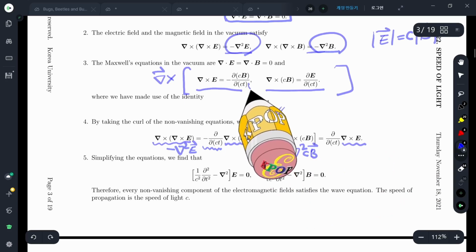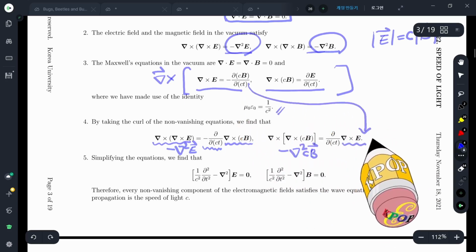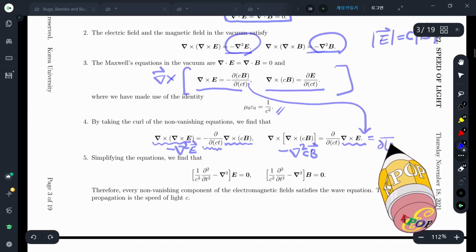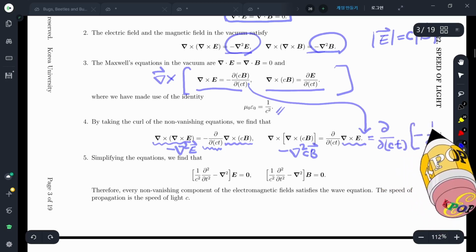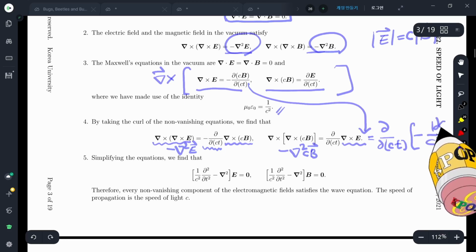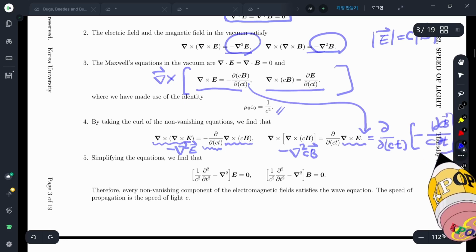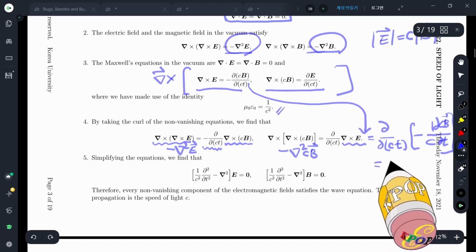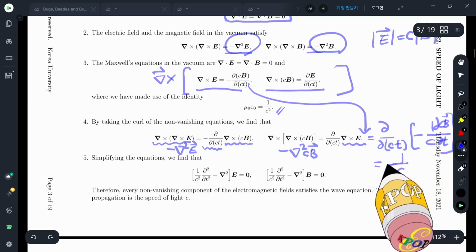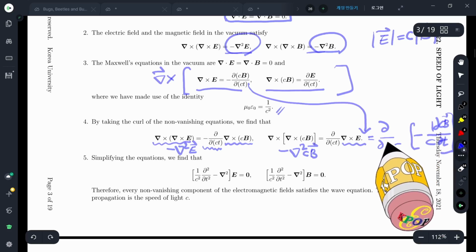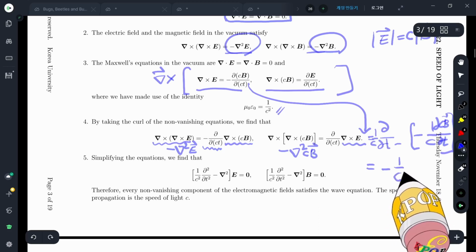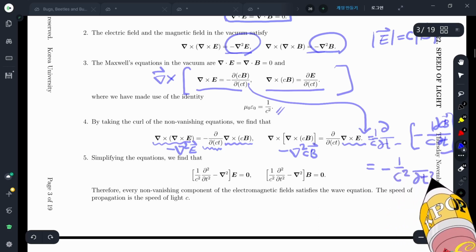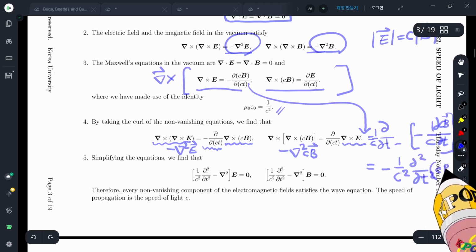Now we substitute this result in here. What happens is, then minus, then it means we have 1 over, minus 1 over c squared, the double time derivative of cB is obtained.